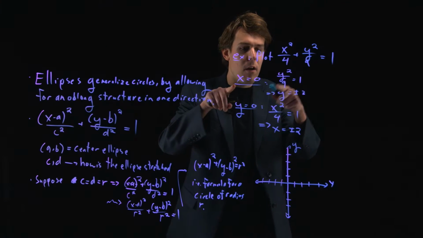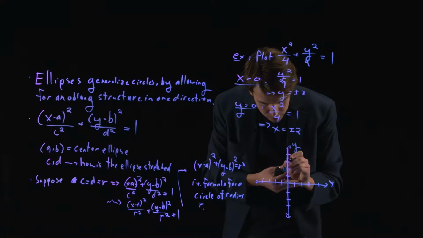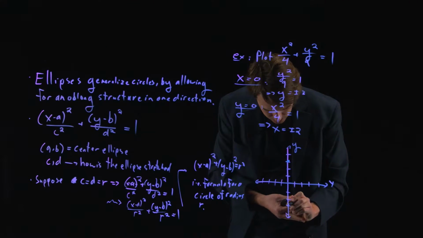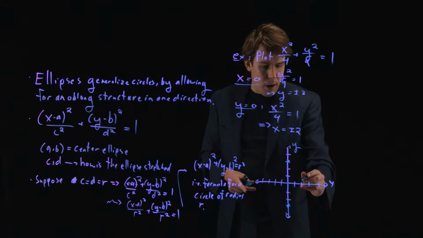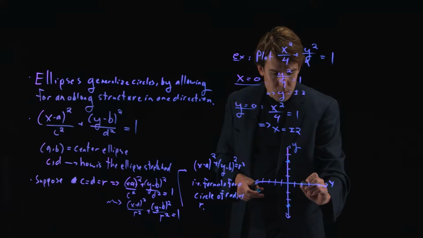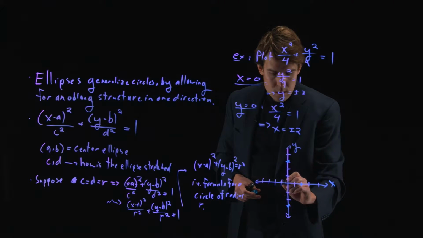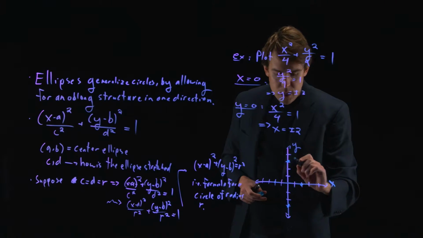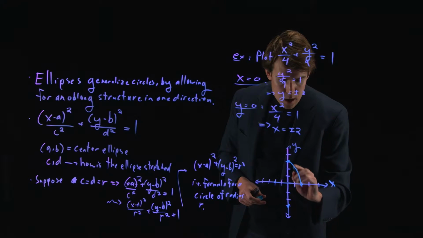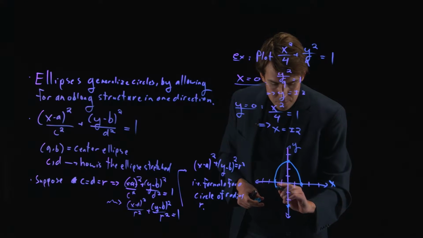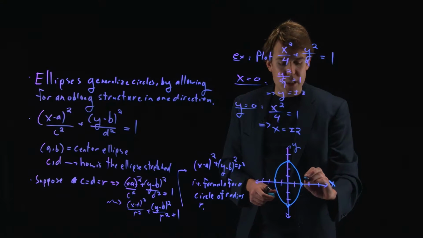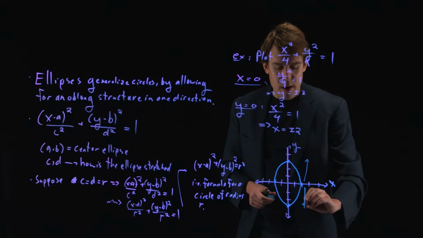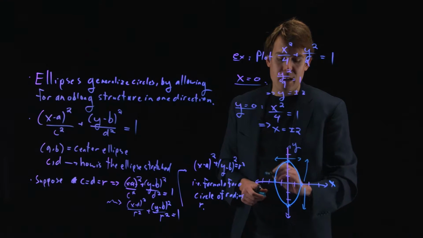When x is 0, y is plus and minus 3. So here's a point, and here's a point. And when y is 0, x is plus and minus 2. This is x. So these are points on it, and we see that I get this nice football shape. And it's stretched more in the y direction than it is in the x direction.